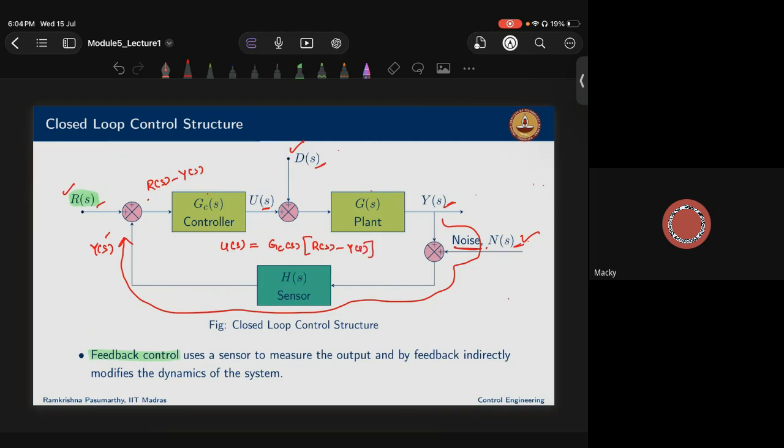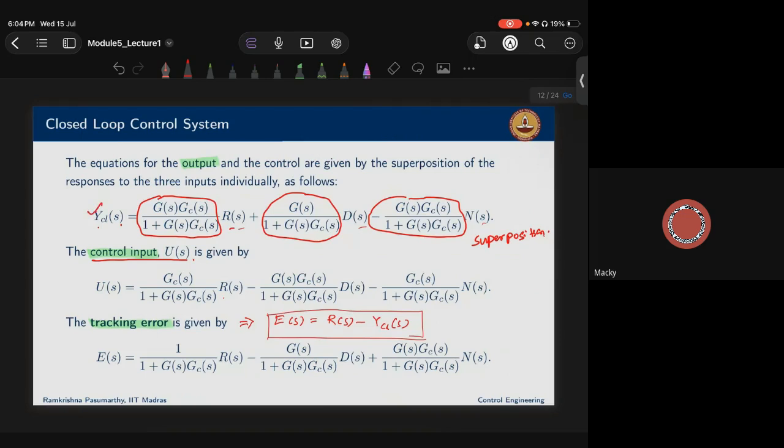You can substitute that Y of s expression into that equation, so you'll get your U of s expression in the same way. Once you have this, what is your tracking error? The tracking error is reference input minus the actual output. You get this expression once you substitute them.